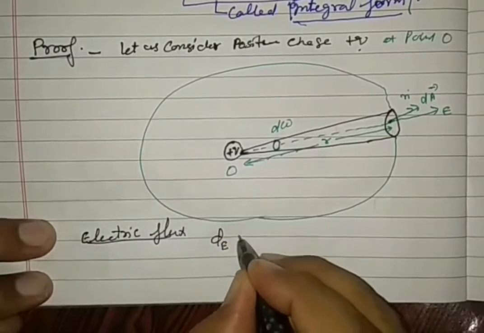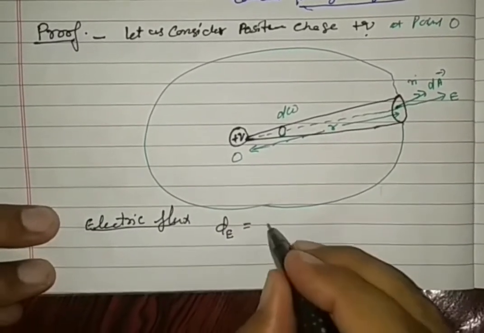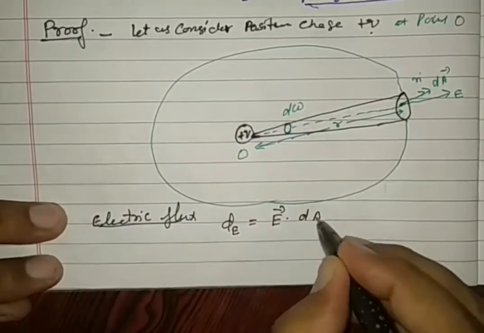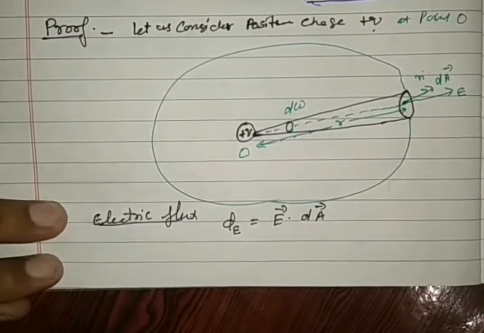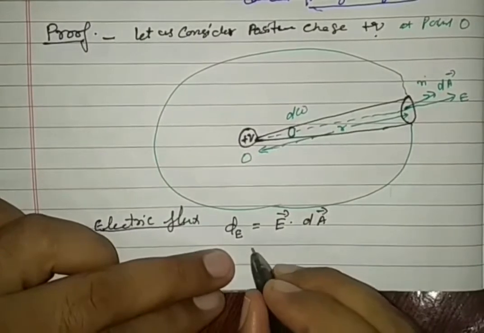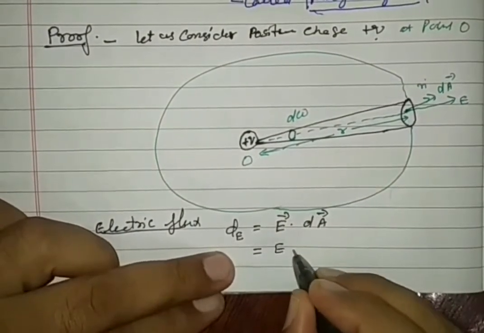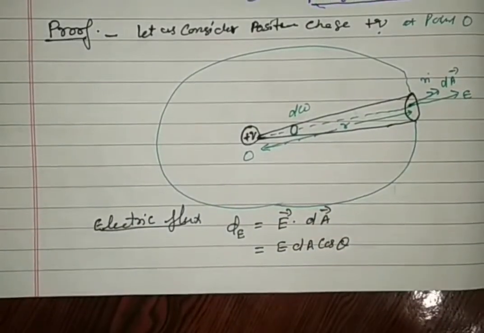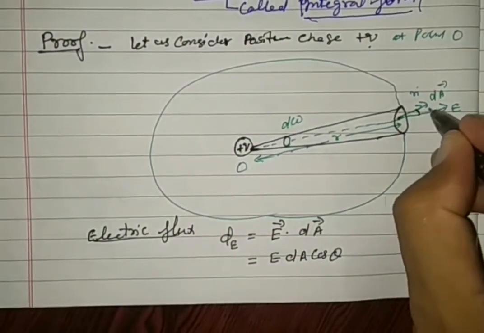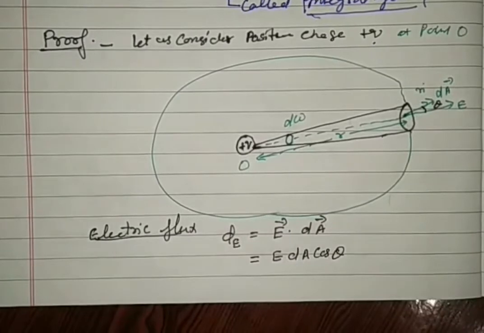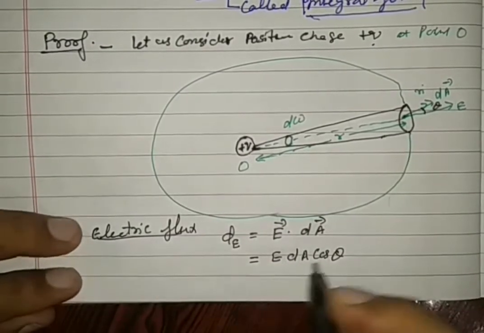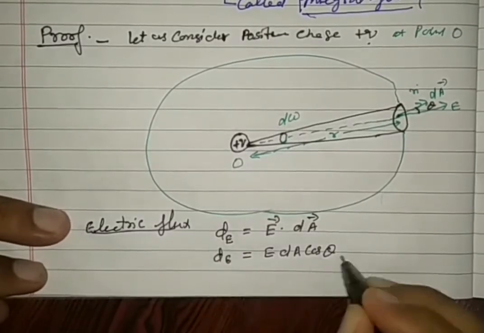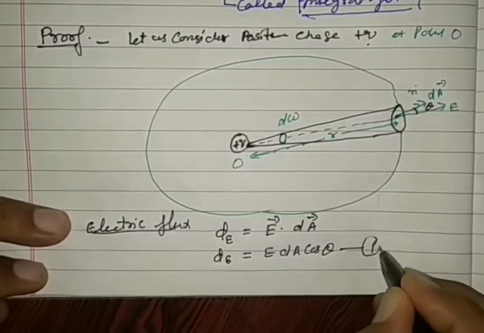It is given by the formula phi E is equal to E dot dA, or we may also write E dA cos theta. This theta is the angle between both. We write it as equation number 1.